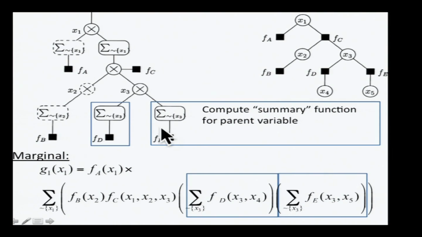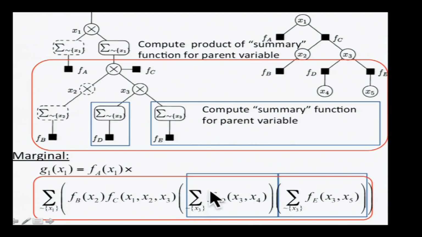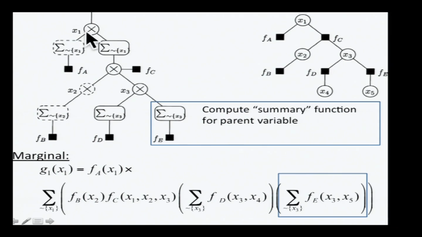I do the same thing for FD, the summary for it. And then I go up a level in the tree, and I multiply the summary for everything below it. So I'm going to compute the product of the summary functions. And I always compute the summary with respect to the parent. So here the parent was x3 for both of these. So these are summaries with respect to x3. Here, who's the parent? x1. And so the summary is to x1.